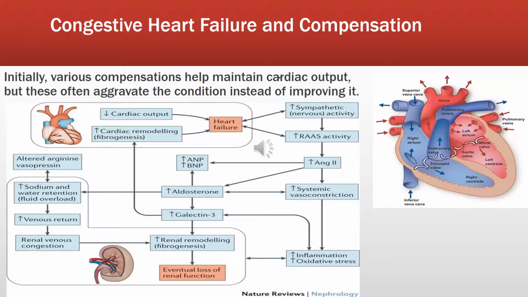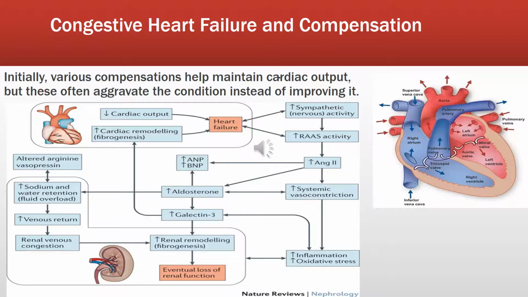There are various compensation mechanisms that the body tries to do to maintain cardiac output. Unfortunately, those mechanisms often aggravate the condition of heart failure instead of providing assistance. For example, the reduced blood flow into the systemic circulation and thus reduced blood flow to the kidneys leads to an increase in renin and aldosterone secretion.